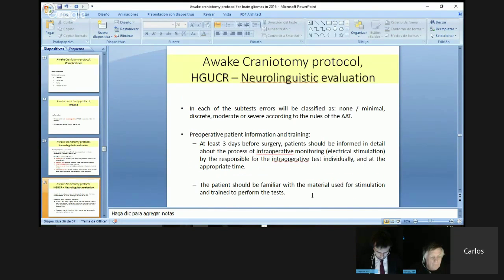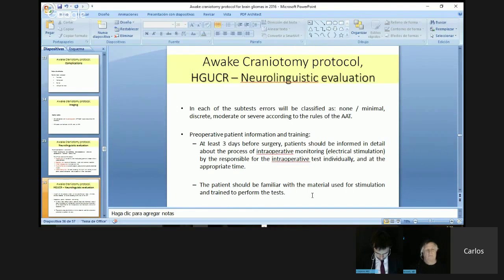So in neurolinguistic evaluation, in each subtest, errors will be classified as none, minimal, discrete, moderate, or severe according to the Aachen aphasia test.